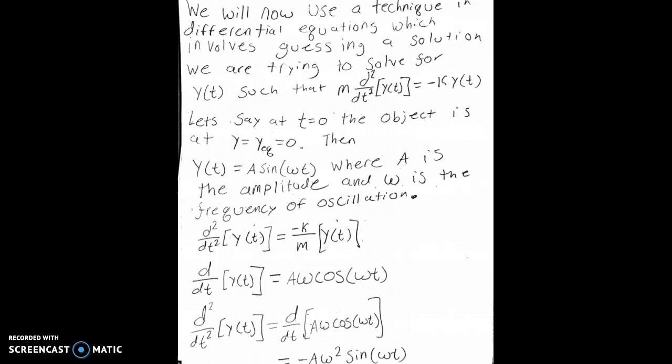So we have m d squared y of t over dt squared equals negative k y of t. Let's say that at t equals 0, it's at the equilibrium position, which means that y equals 0. So one equation that does work for that might be a good one to try in our guessing.